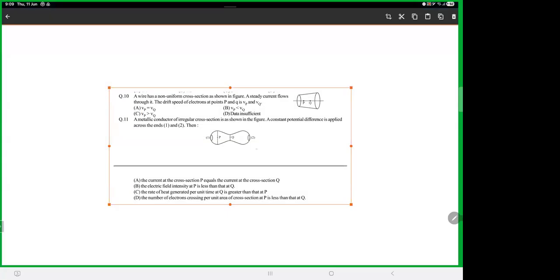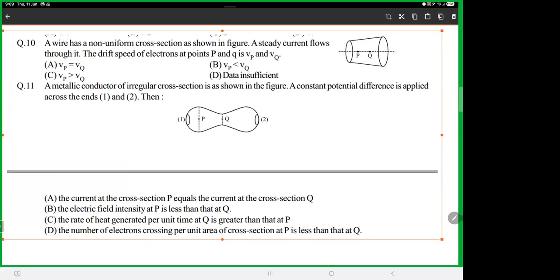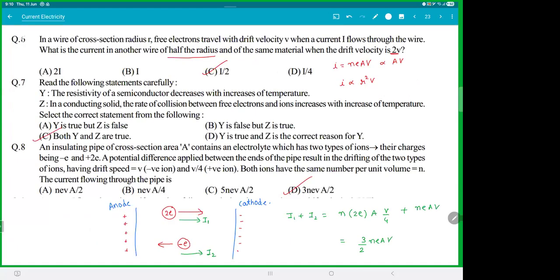The 11th is a good question. I'll keep all of them in one question.